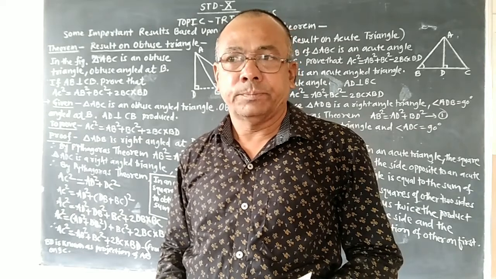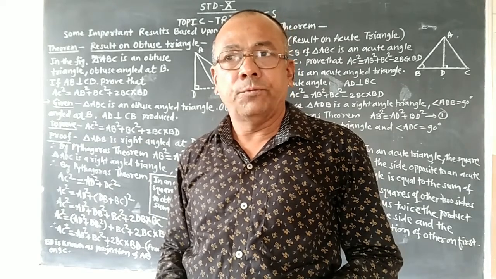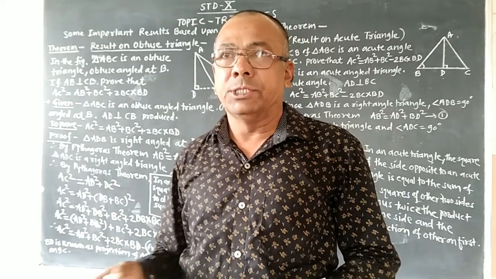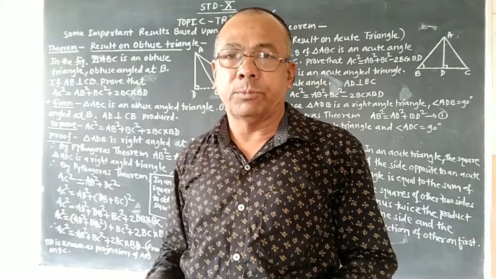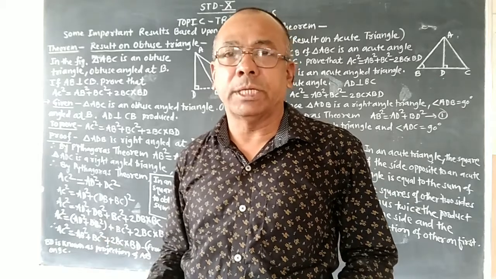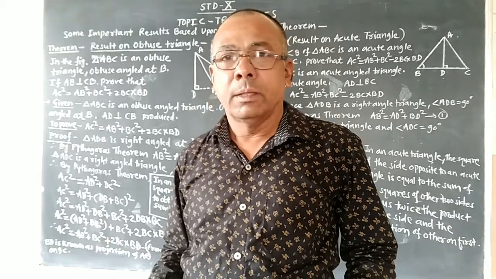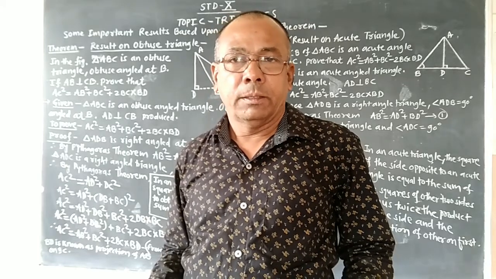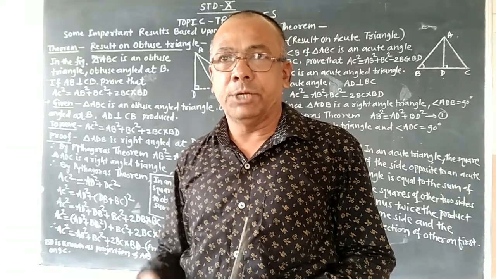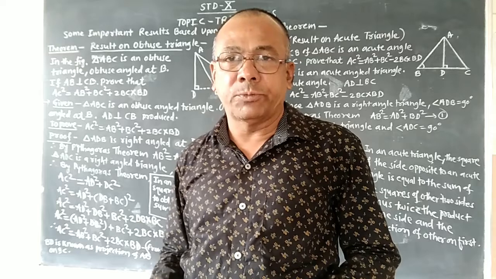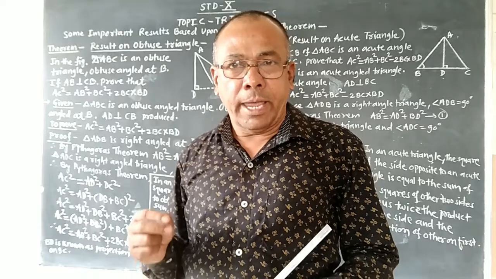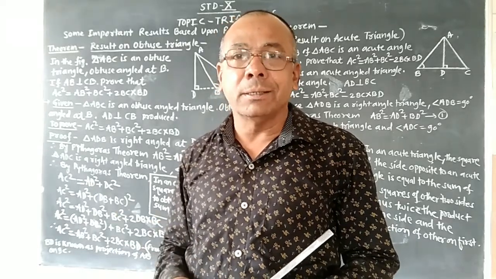In a right angle triangle, the square of one side is equal to the sum of the squares of the remaining two sides, and the converse of the Pythagoras theorem is that if the square of one side of a triangle is equal to the sum of the squares of the other two sides, then the angle opposite to that side is a right angle.